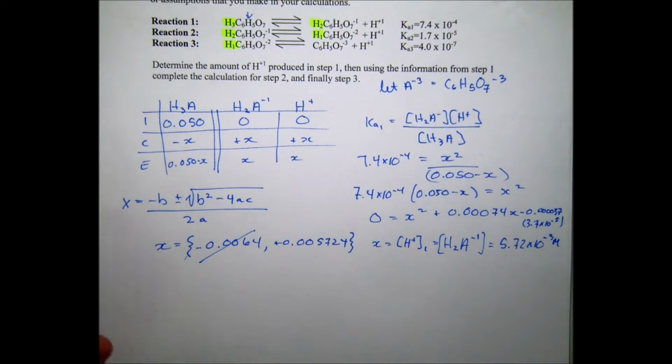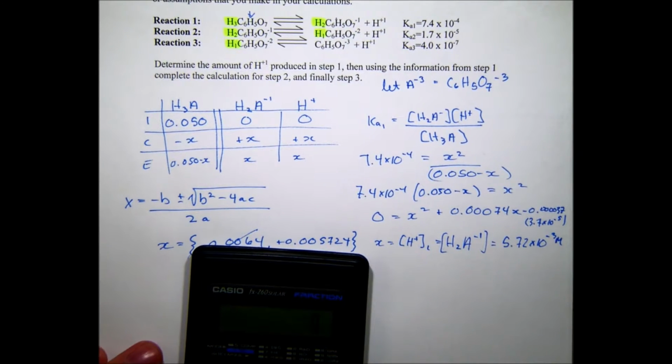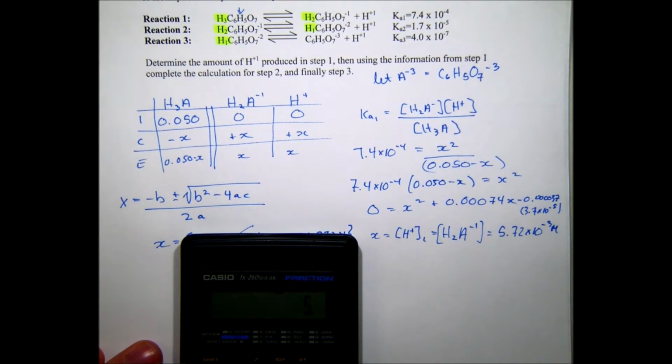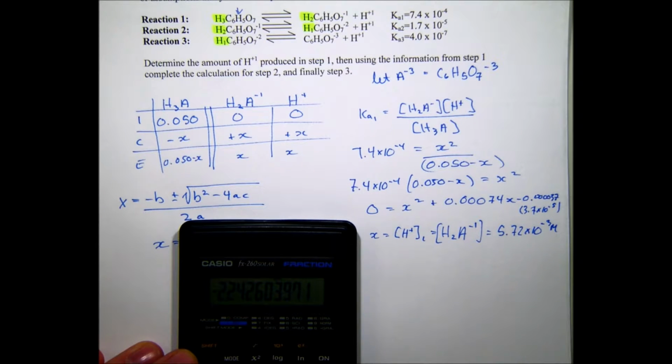Now we can start to have a look at a couple things. To start off, we're going to look at what the pH would be. So remember what the pH is. The pH is the negative log of the concentration of H plus. So 5.72 times 10 to the negative 3, I'm going to take the negative log of that. So the pH of this compound would be 2.24 if we did not take into account any of the future steps.